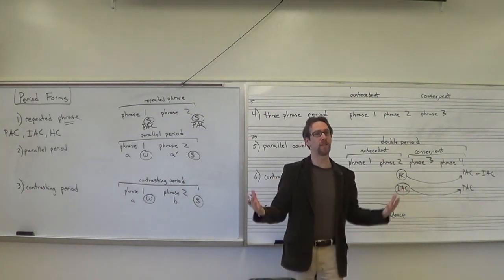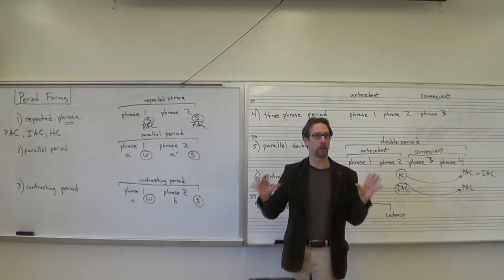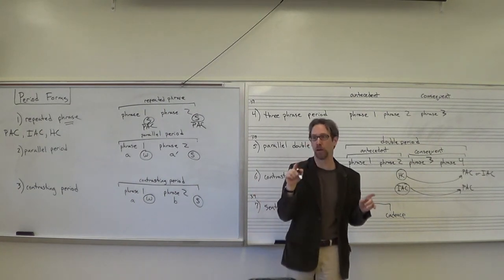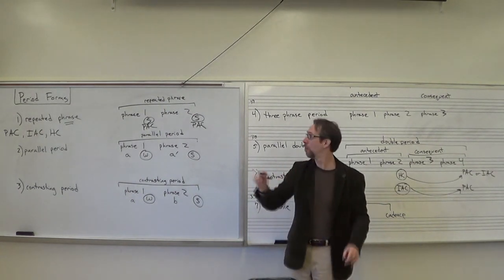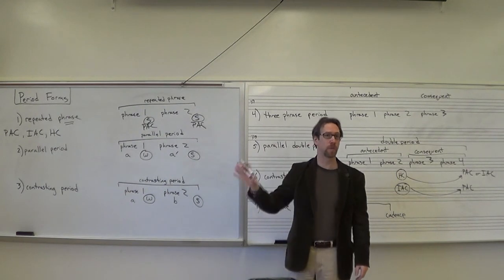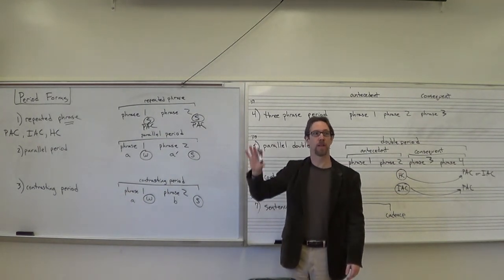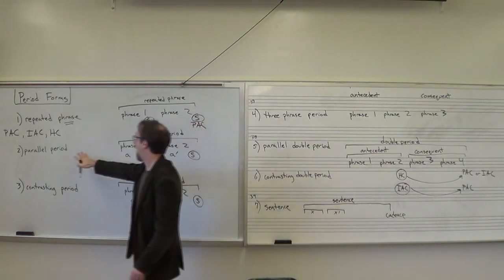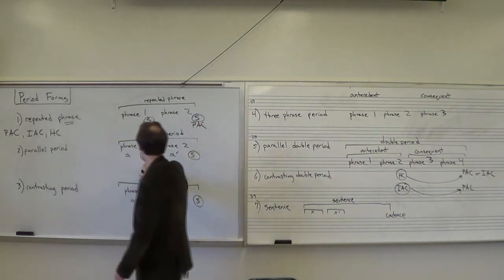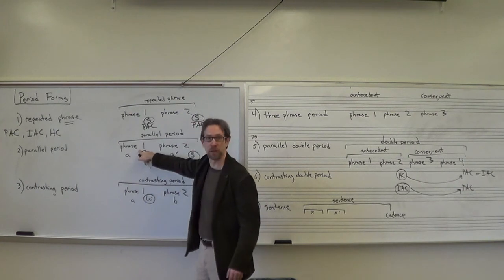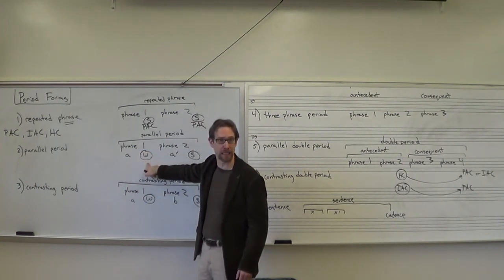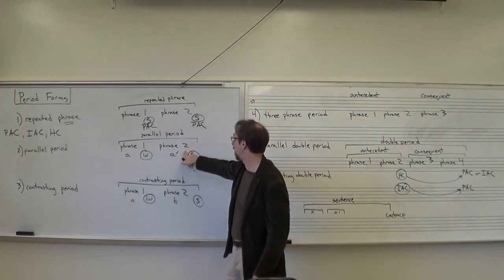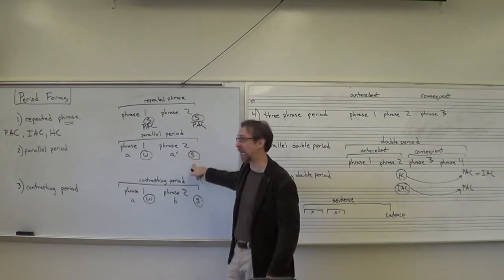Again, we're talking very abstractly right now because we're not looking at sheet music and saying, right there, look at that cadence, look at that cadence. What I'm trying to do right now is give you the terminology that you can then use when you look at sheet music. So, how do we get a period? We have a first phrase that has a weaker cadence, followed by a second phrase that has a stronger cadence.